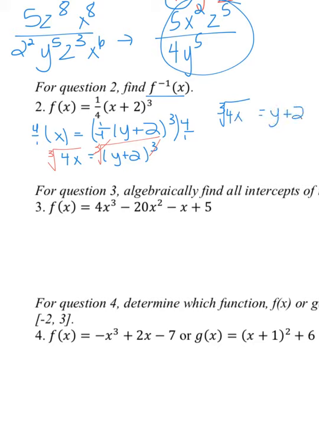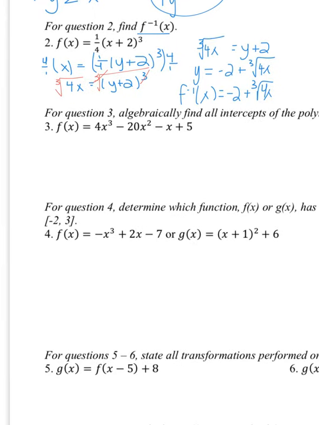And then you subtract the 2. So you have y equals, you're going to put it out front, negative 2 plus the cube root of 4x. But really you should write it in this notation. Cube root of 4x.